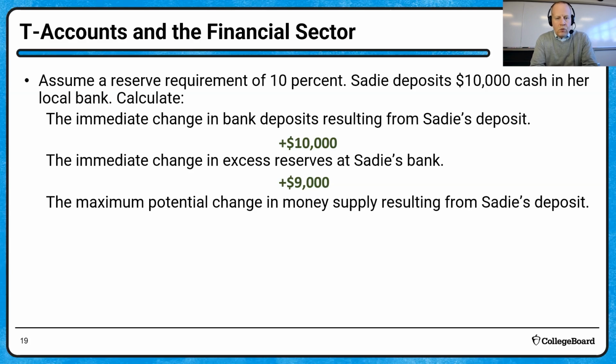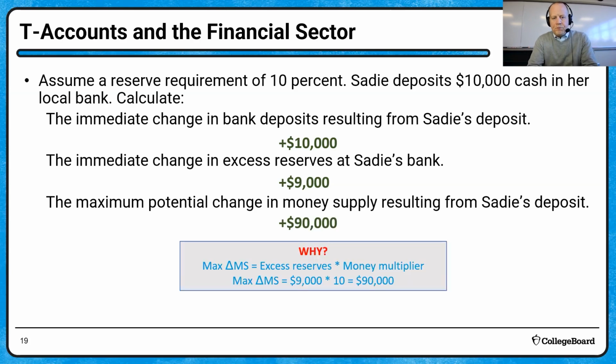Okay, so what's the maximum potential change going to be? It's going to be $90,000. Why? Well, use that formula I gave you earlier. The maximum change in money supply will be excess reserves times the money multiplier. Sadie deposits $10,000. That $10,000 created $9,000 in excess reserves at the bank.